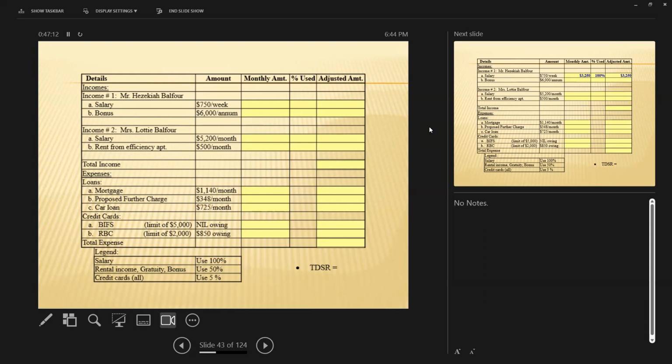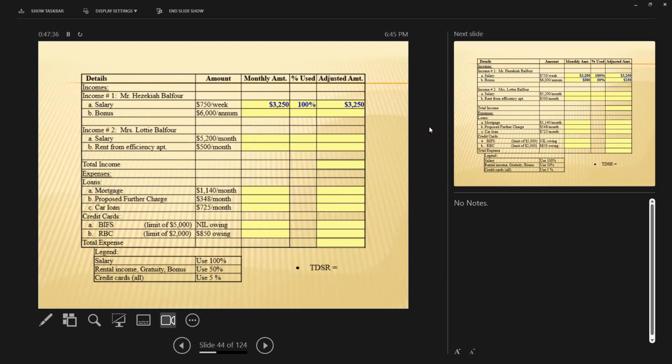You make $750 a week. Times that by 52 and divide by 12. Okay, very good. And that becomes 3,250 monthly. And we use 100% of it.